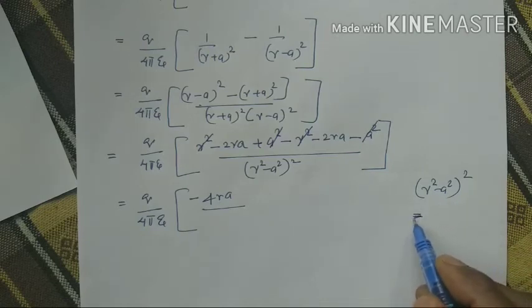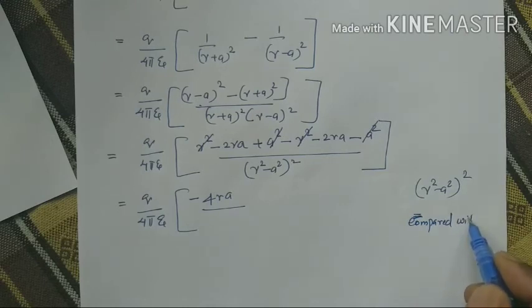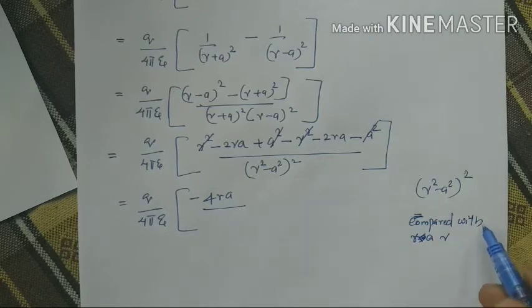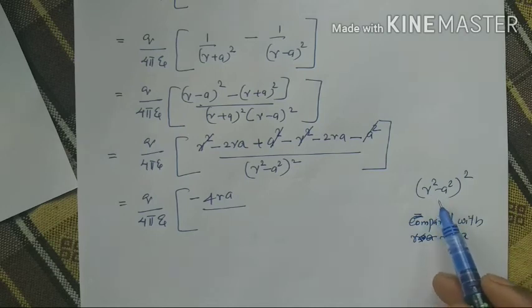That is, compared with R, A is a very small quantity. So the square of that very small quantity, the square of that feeble quantity, will again be extremely feeble. So I can avoid it. This is a normal procedure in physics. Don't worry about that. So it is simply R is much greater than A.